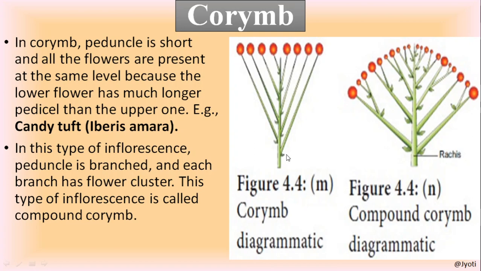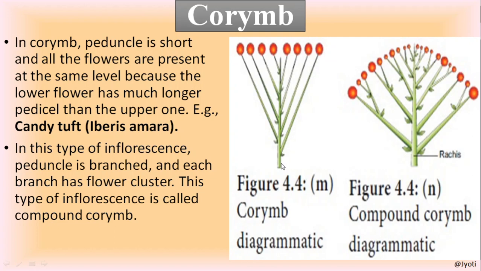The older flowers which are present towards the base have a long pedicel, a long stalk. Gradually you can see the length of the stalk decreases. That's why all the flowers seem to be present at the same level, and such an arrangement of inflorescence is called corymb.